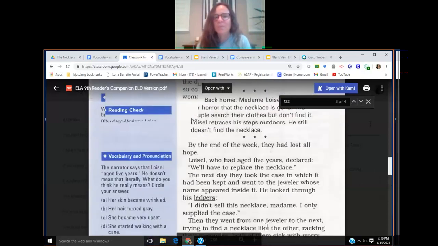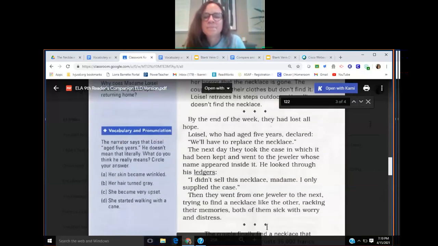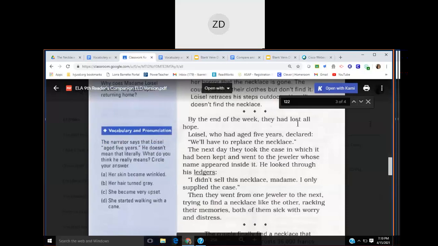Okay, by the end of the week, they had to lose all hope. Loisel, who had aged 5 years, declared, "We will have to replace the necklace."